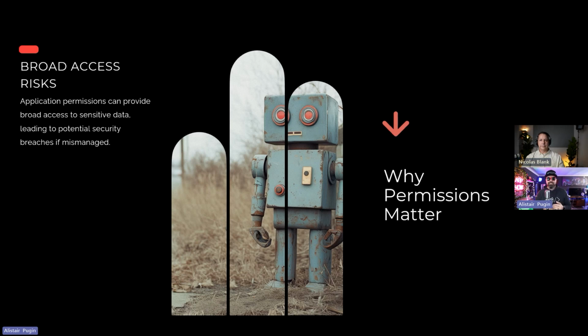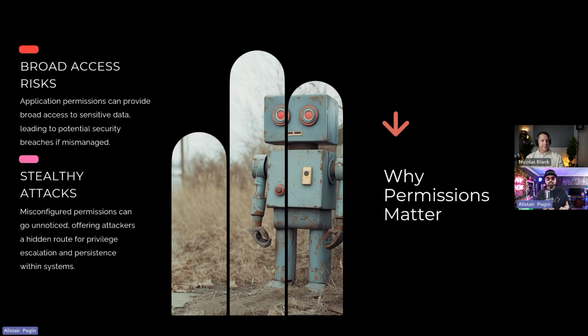Application permissions, typically you would have an application talk to something that's important to you, like sensitive data. And that could lead to potential security breaches if mismanaged. So I understand that with great power comes great responsibility. No reference to Spider-Man in any way.